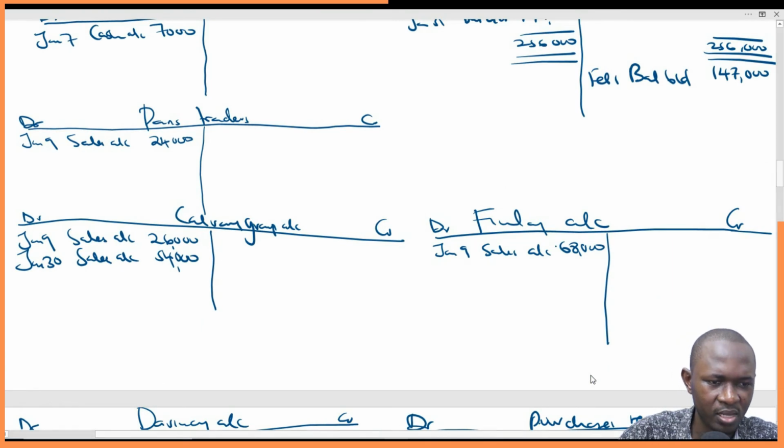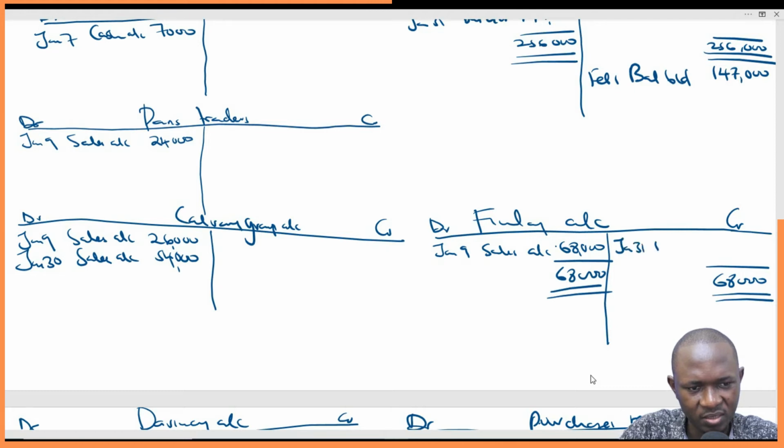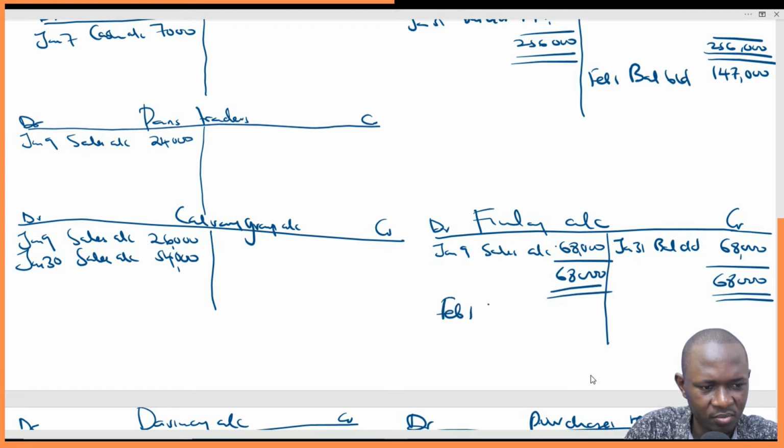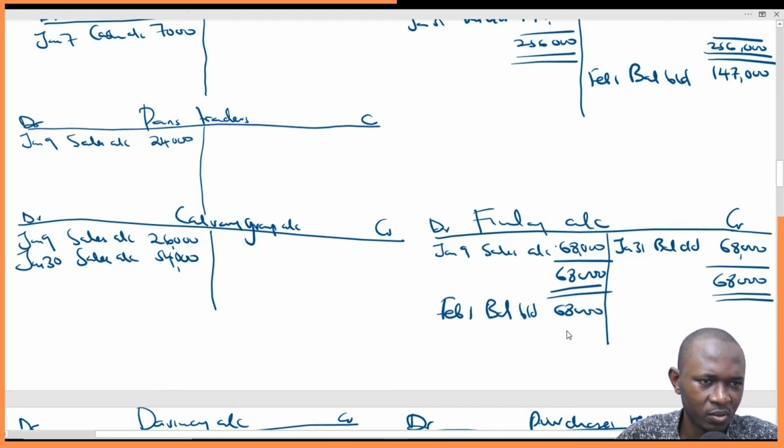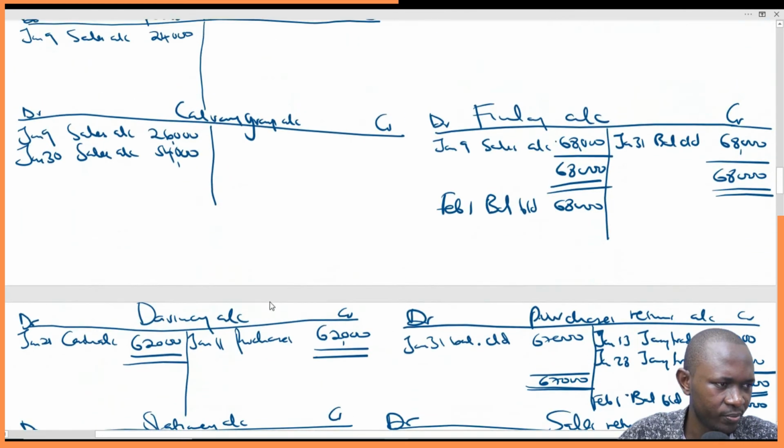Then here we'll have 68,000. Then 68,000 also on this other side. Then January 31st balance carried down 68,000. Then Feb 1st balance brought down 68,000. So we've closed that one. We go to the next one. This one we have already closed, so we come back here.